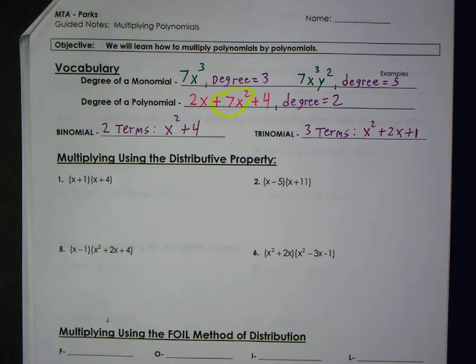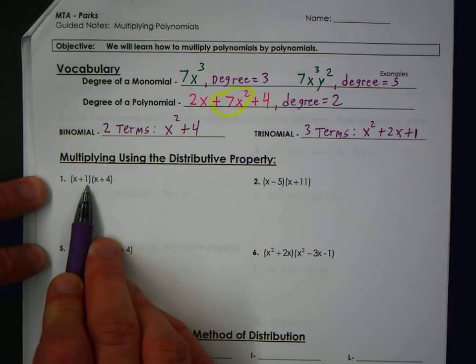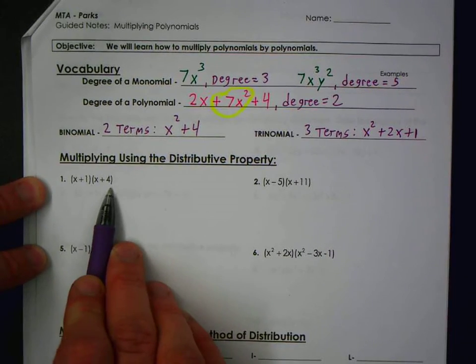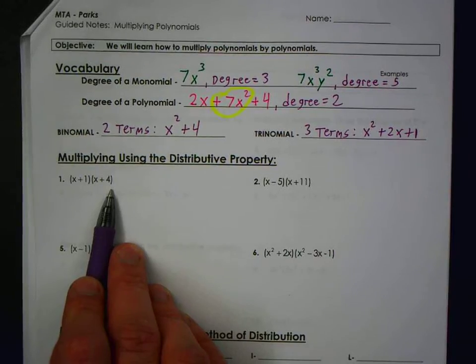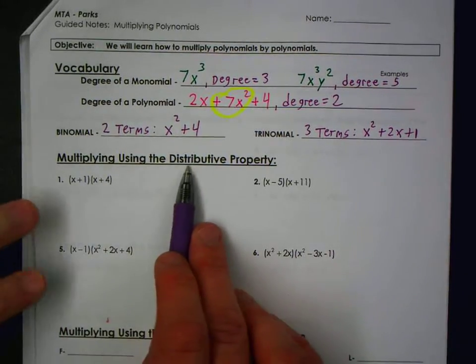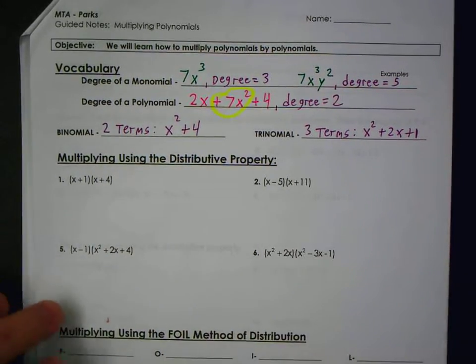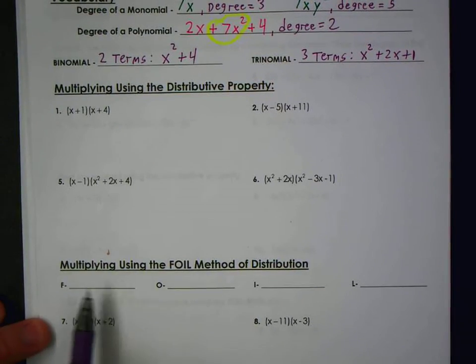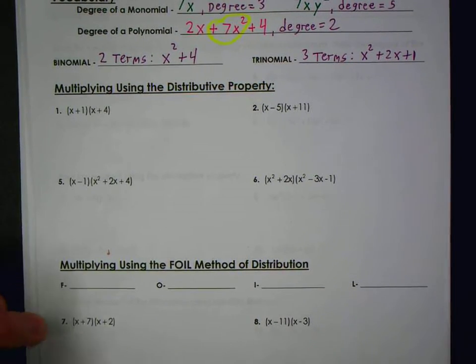All right, now in AG2 you learned this is called a binomial, x plus 1. X plus 4 is also a binomial, and there's three different ways. One way is the distributive property. Another is FOIL. And then there's one that's not on here, where you make a table. So I'm going to show a combination of all three techniques, and whatever you remember best or whatever sits best with you, that's the one you can use.